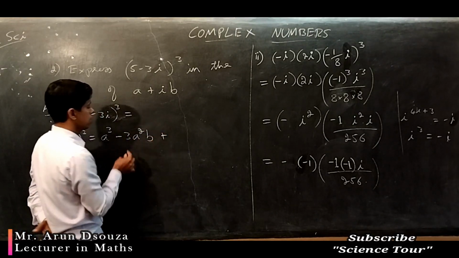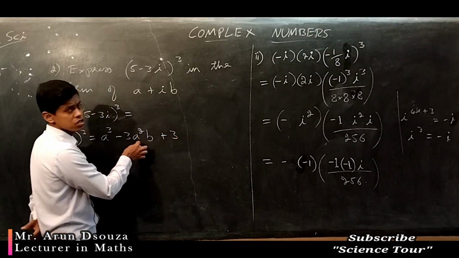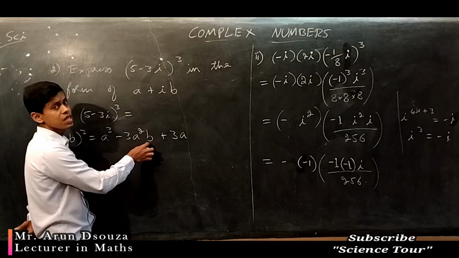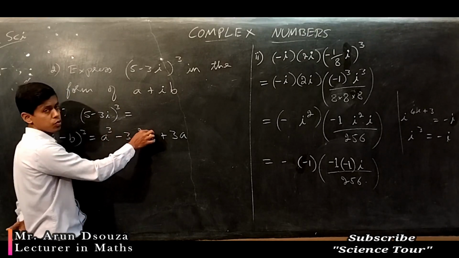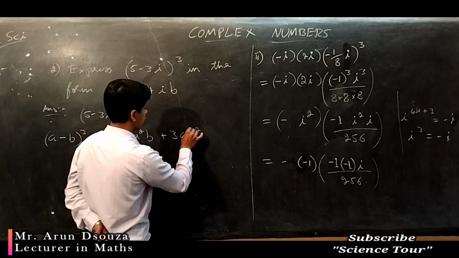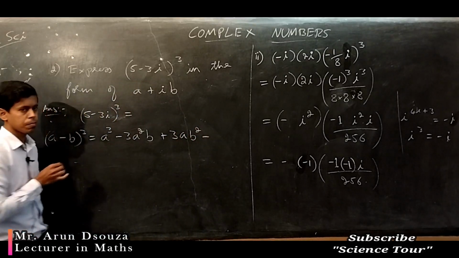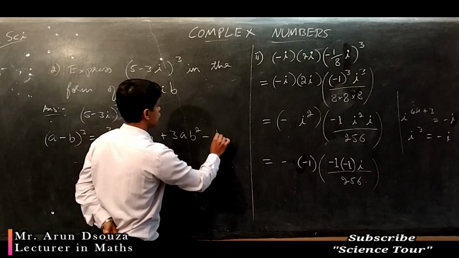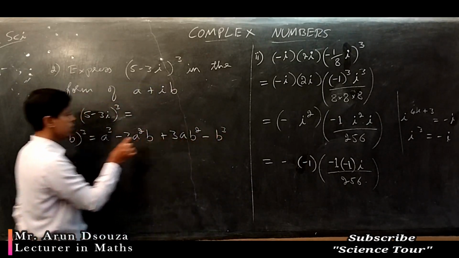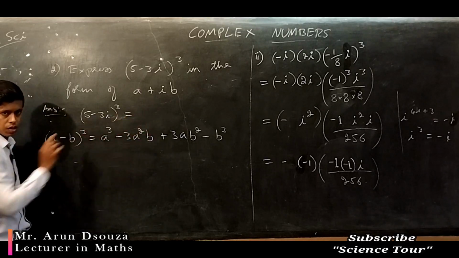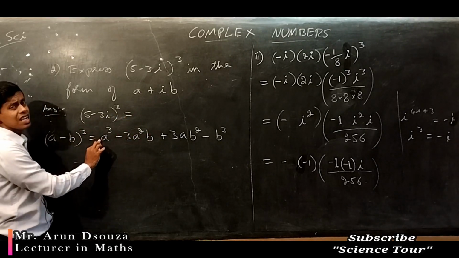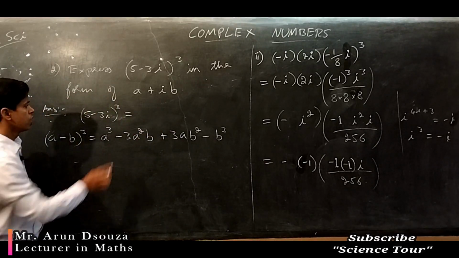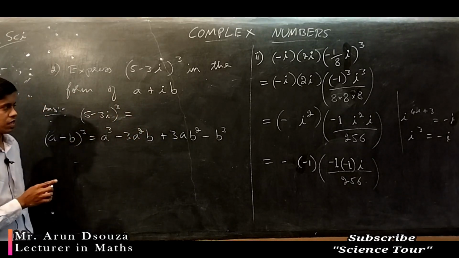Next, 3, powers of a reduce, a square becomes a, powers of b increase, b to the power 0, b to the power 1, then b square, and finally a to the power 0, that is 1, b square becomes b cube. Remember, if you have plus here, everything is plus. If you have minus here, alternately plus minus plus minus. Okay, that's the formula. So now let us expand this.